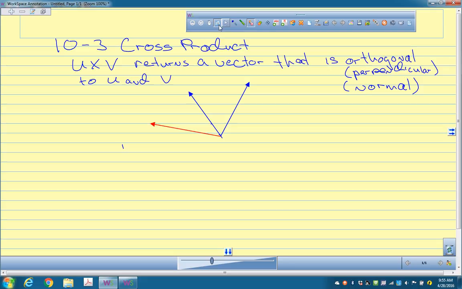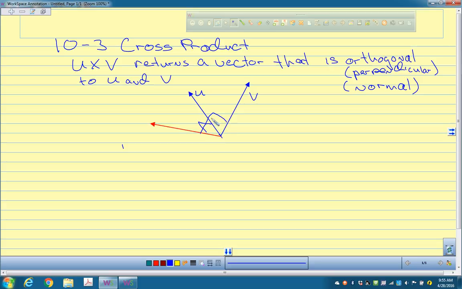If this is U and this is V, I got it now. So that red vector is perpendicular to that vector, but it's also perpendicular to this vector, kind of like that. You see that?